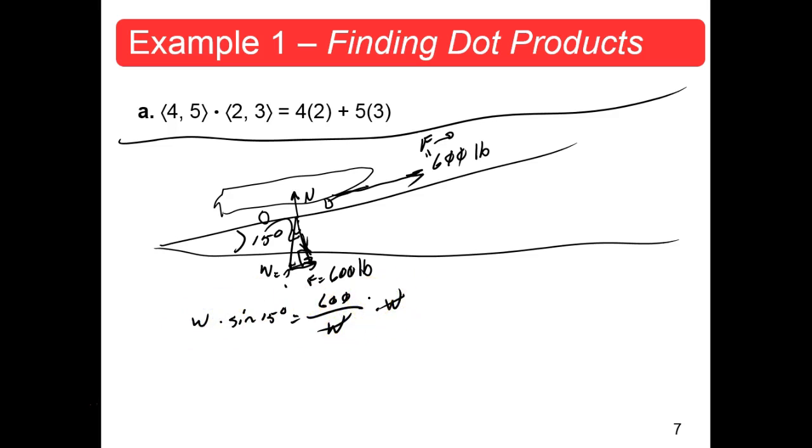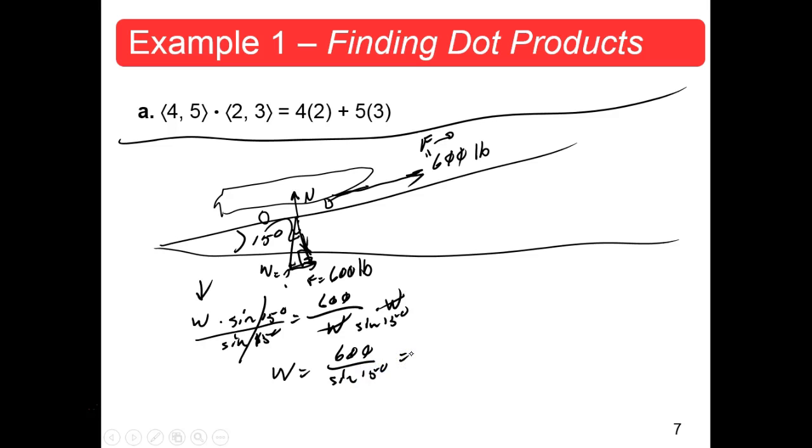And then we're trying to isolate the W. Divide both sides by sine of 15 degrees. All right, so now those go away. So W is equal to 600 divided by the sine of 15 degrees.